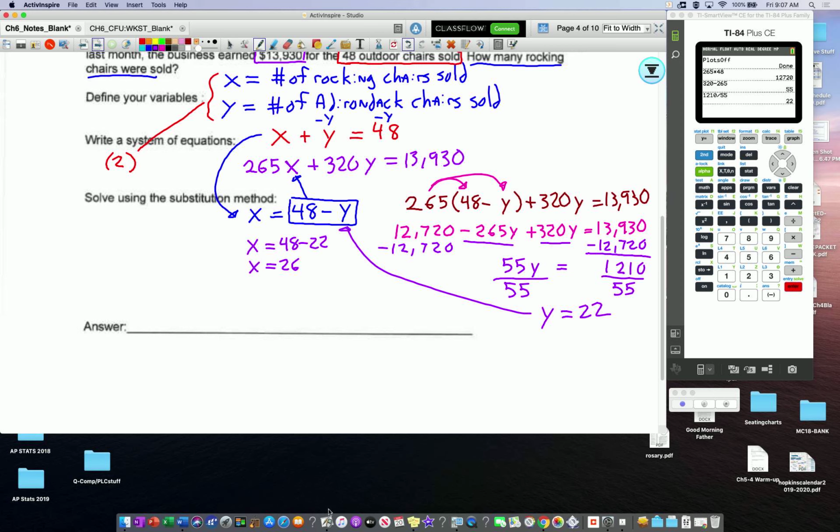So the question was, how many rocking chairs were sold? Well, that's the X value. So 26 rocking chairs were sold.